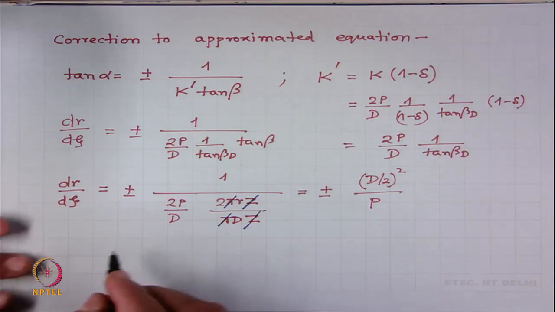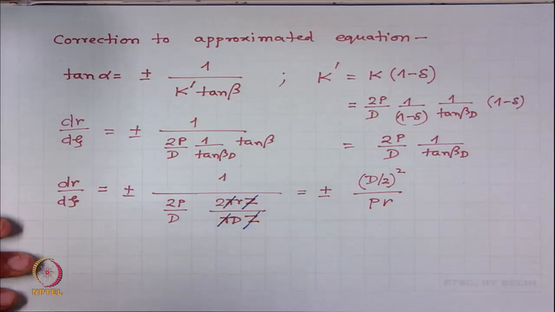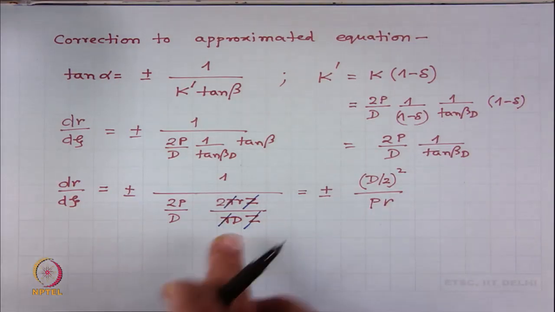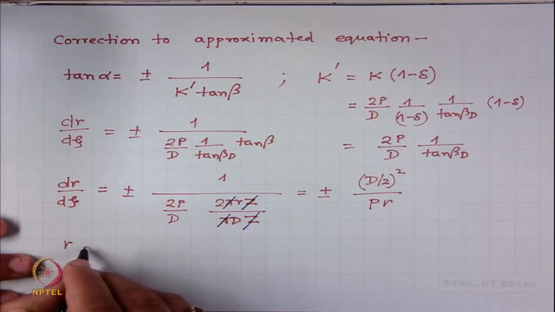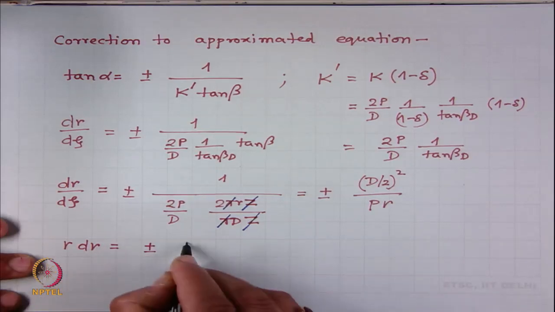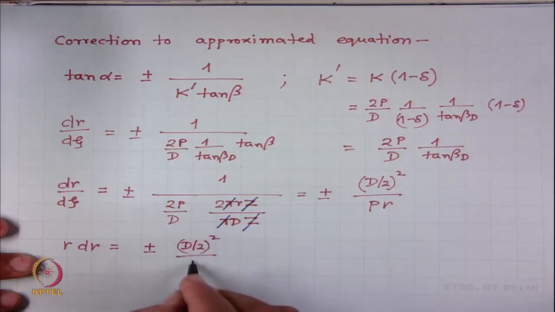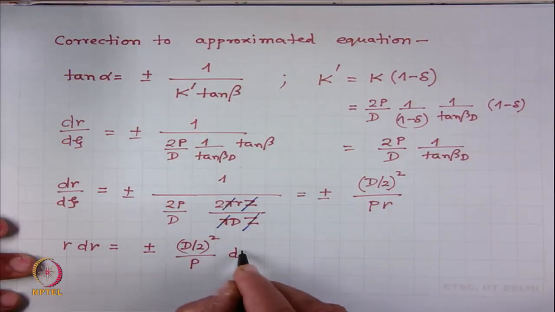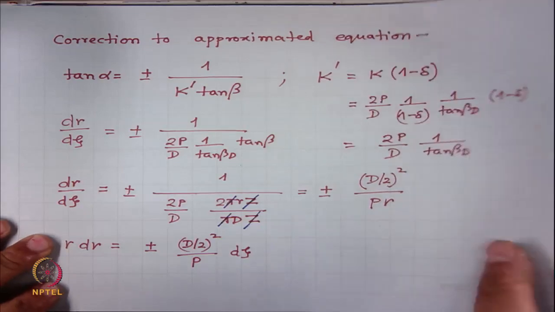Yeah, then this r will be there. So, r dr is equal to plus minus d by 2 square by p into d zeta. So, let us integrate now.